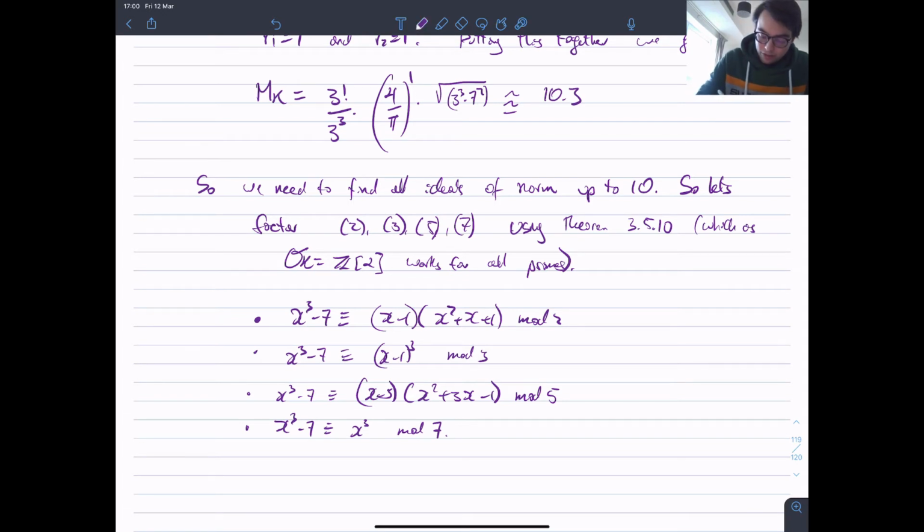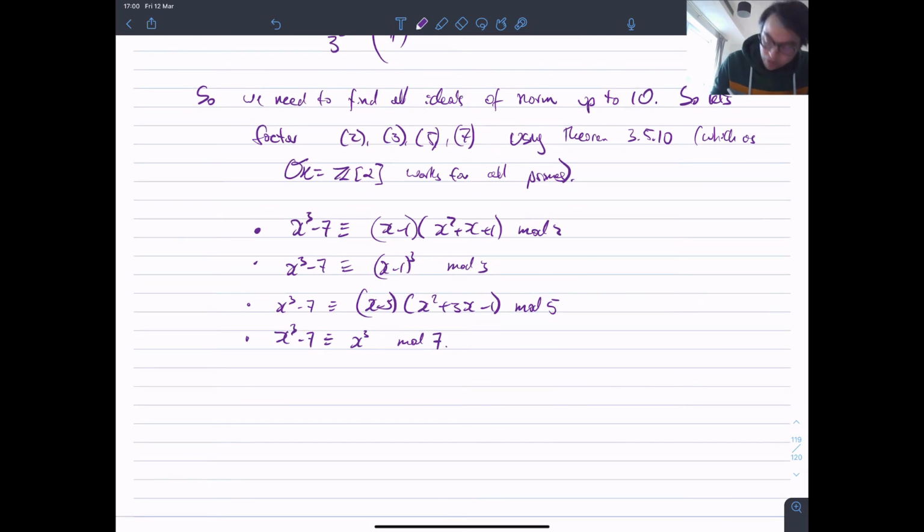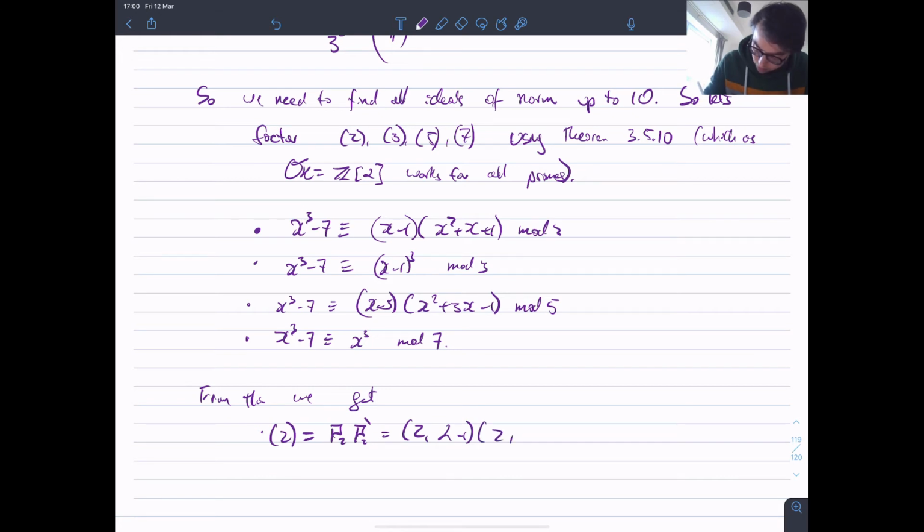In any case, once I factor my polynomial, I get what the factorization of my ideals are. So from this, what do we get? The ideal generated by 2 factors as P2, which is (2, alpha minus 1), times P2 prime, which is (2, alpha squared plus alpha plus 1).